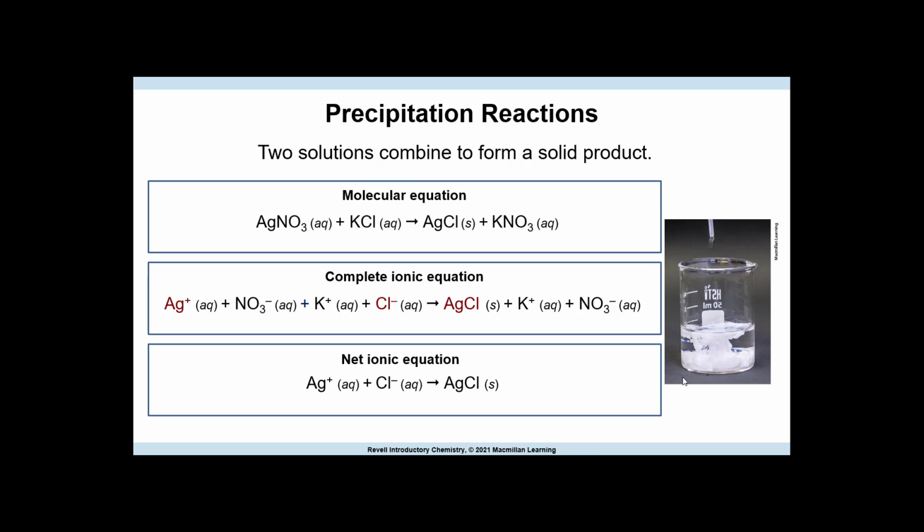In this reaction, potassium and nitrate are spectator ions. They are not involved in the formation of the solid. We can remove the spectator ions to show this as a net ionic equation of silver plus chloride produces silver chloride as a solid.